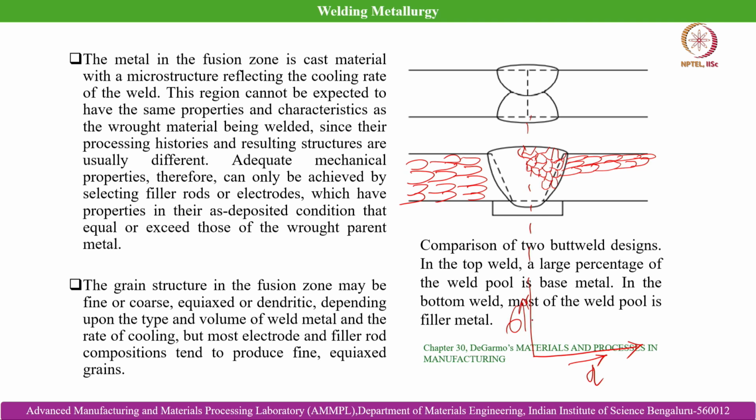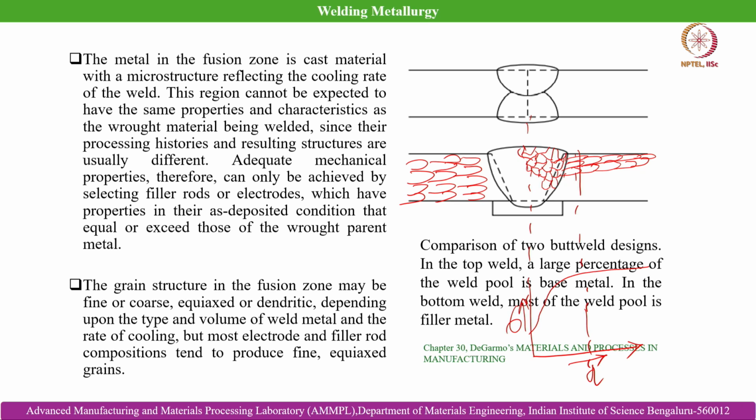But generally, if it is a joining between two cold worked pieces of metal, then the strength increases from the center line like this, till it enters the parent metal. So, this is how the strength varies if we study the strength of the material from the midway of the joint till it enters into the parent or base metal.